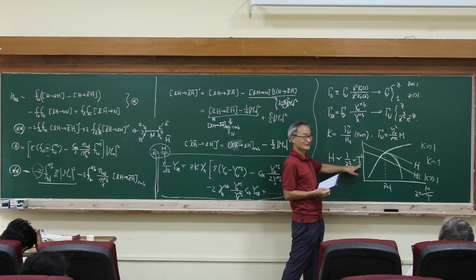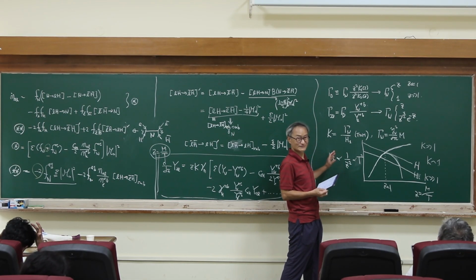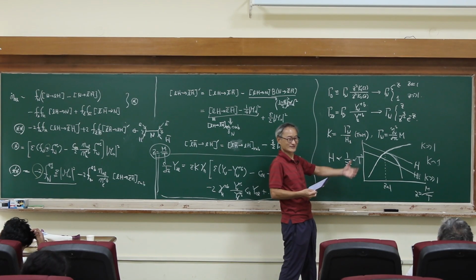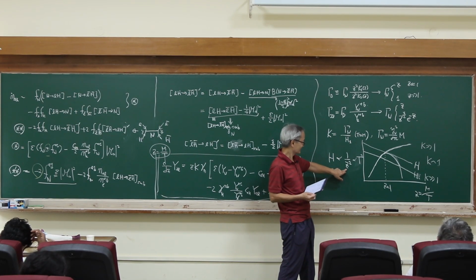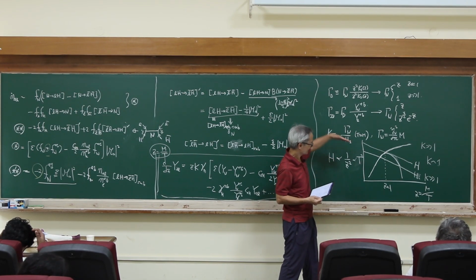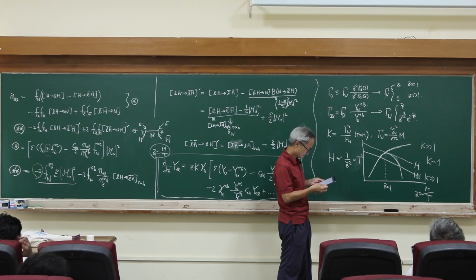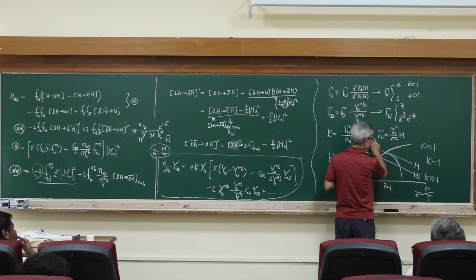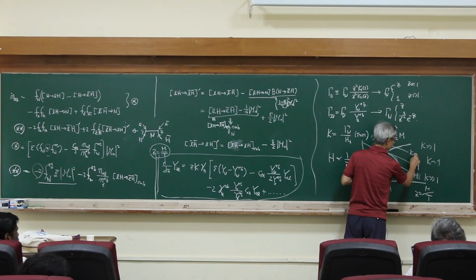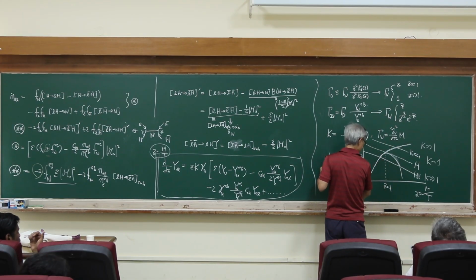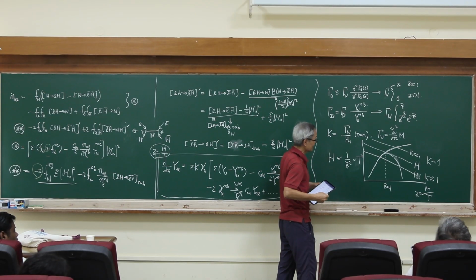We know Hubble is like T squared over M Planck, roughly. Then we introduce z, and whenever I introduce z, I have to rethink in terms of z. So this is z to the minus 2, with this minus 2 slope. So for K much smaller than 1, it must be like this. From this you can guess.